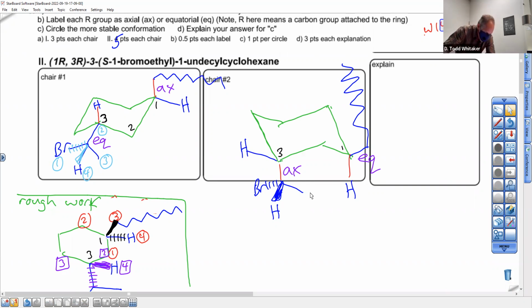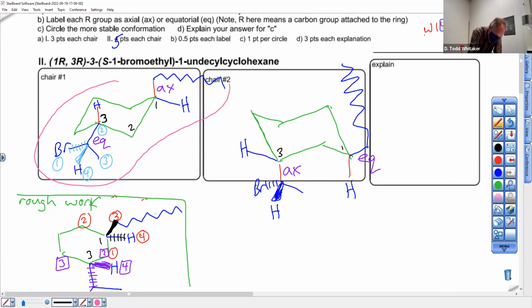And now the magic. Why am I circling this guy here? And my answer is going to be in the explainer box. I need the B word in the box, and I need that funny interaction that's not a good thing.